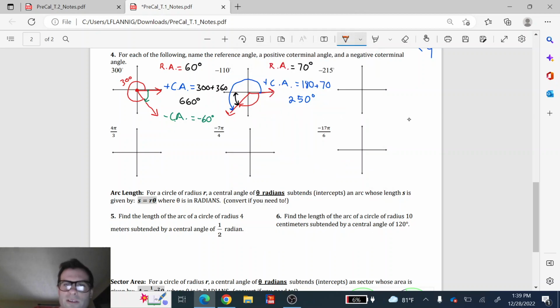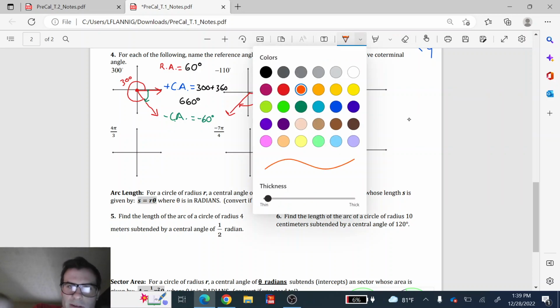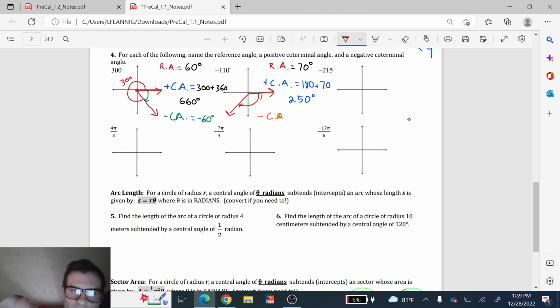Last, we have the negative coterminal angle. I'm going to erase this for now so you guys can see it a little bit better. Negative, so we have to go in this direction, the counterclockwise here, and we have to go all the way around until we hit it again.